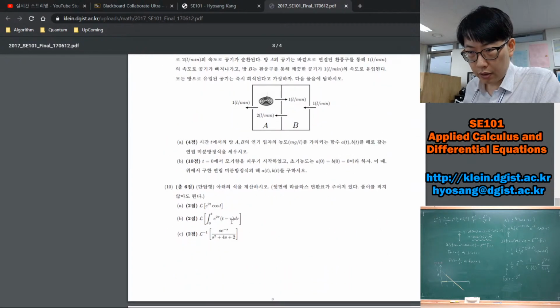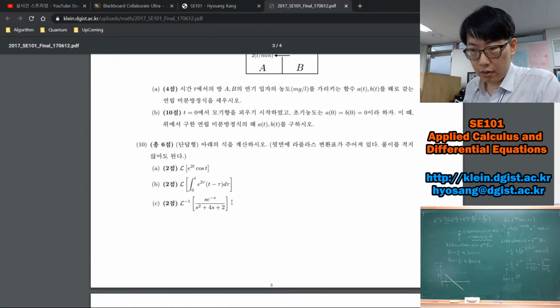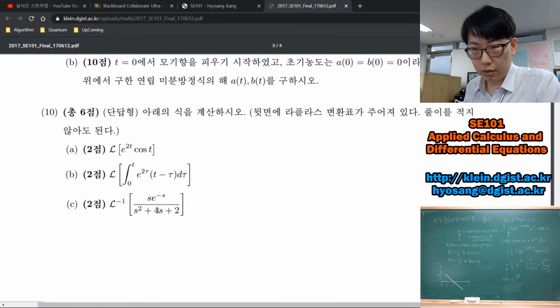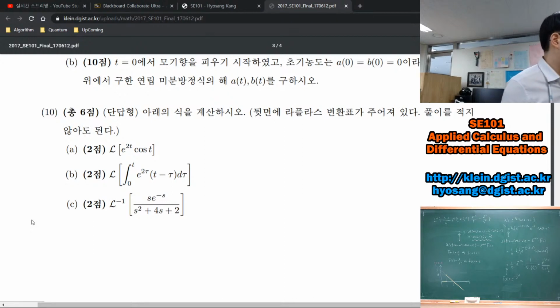Okay, also easy ones. So let's look at part C. Let me enlarge this. Let's try to do this Laplace transform, part C of number 10.